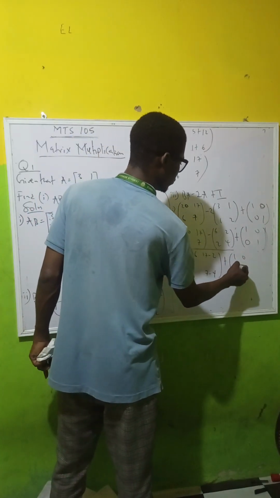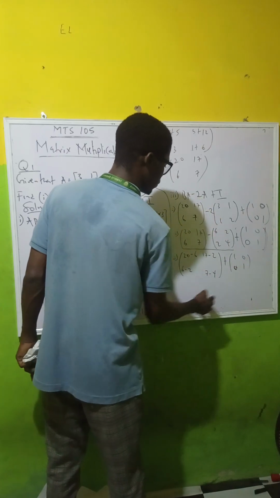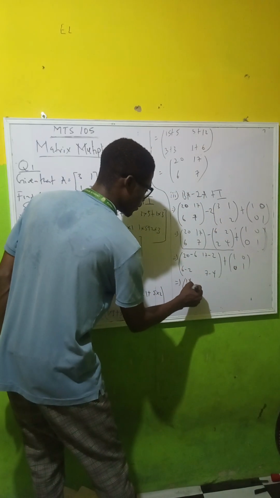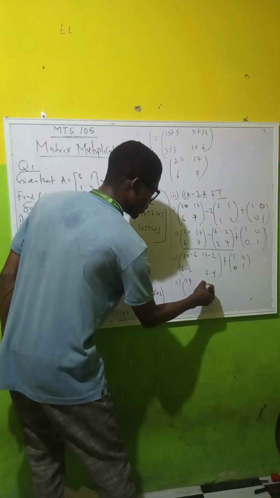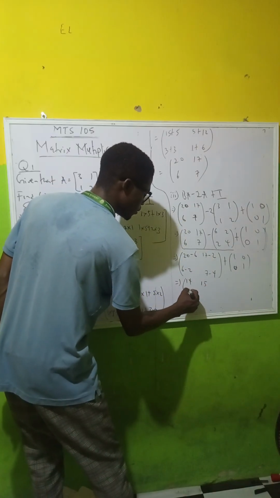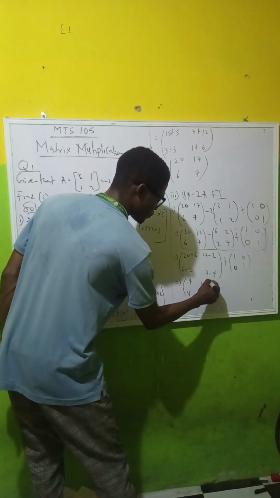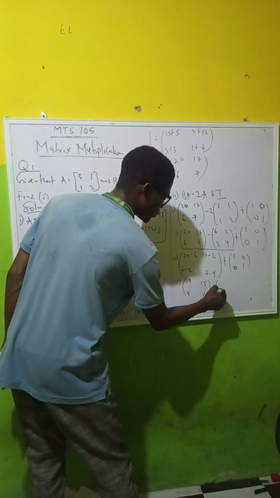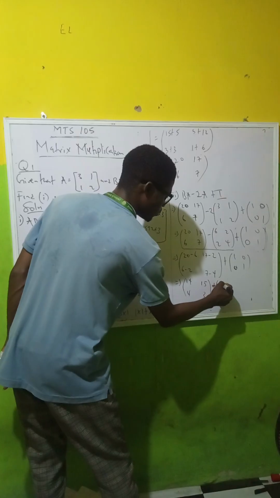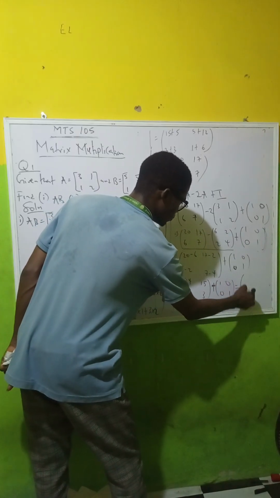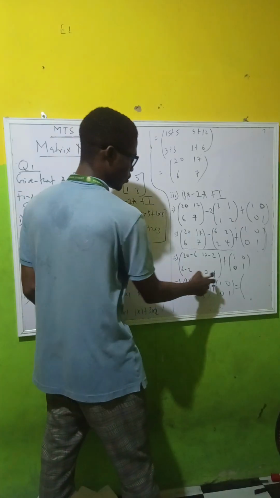Plus 1, 0, 0, 1. So this one is now 14. This one is 15. This one is 4. This one is 3 plus 1, 0, 0, 1.